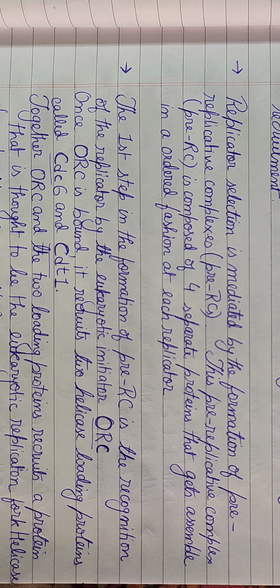The first step in the formation of the pre-replicative complex is recognition of the replicator by the eukaryotic initiator ORC. So the first protein which binds to that replicator region is ORC.